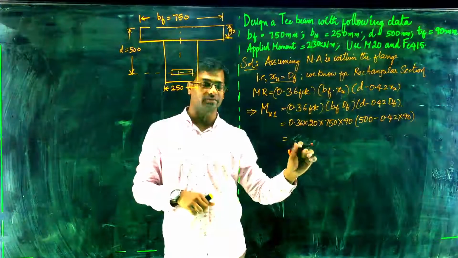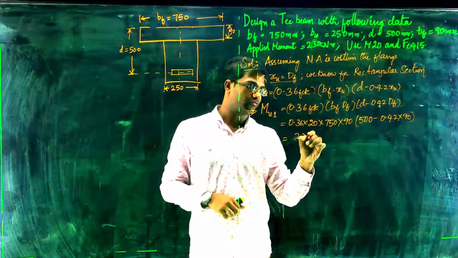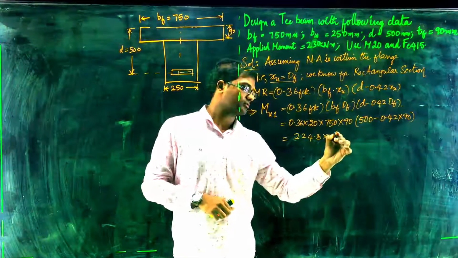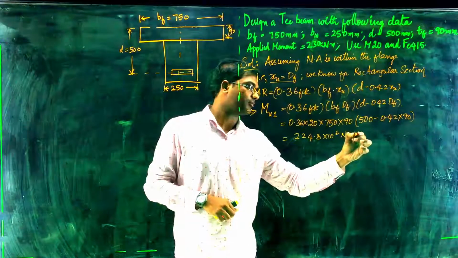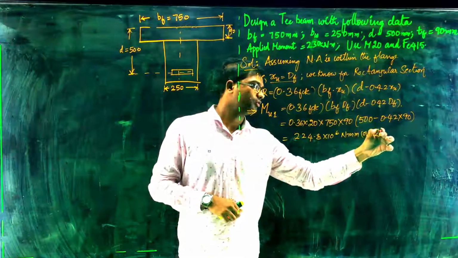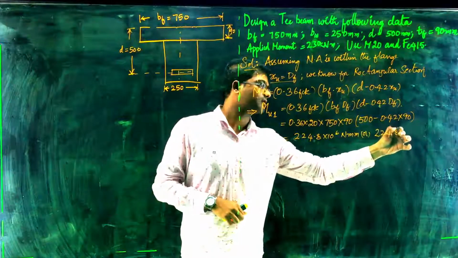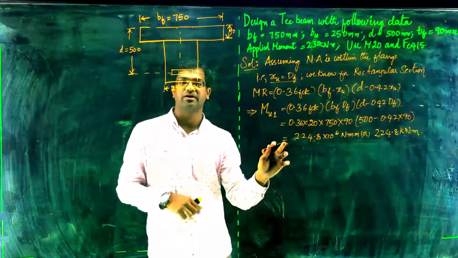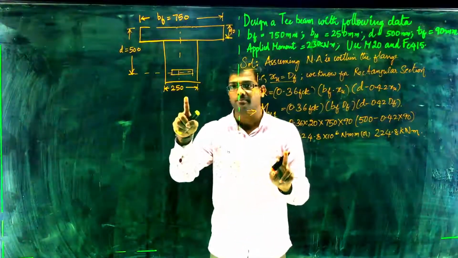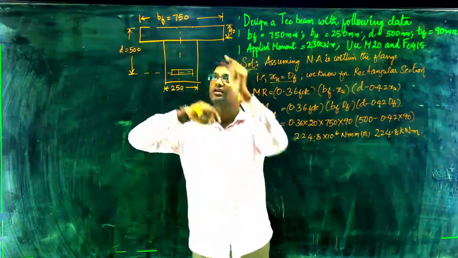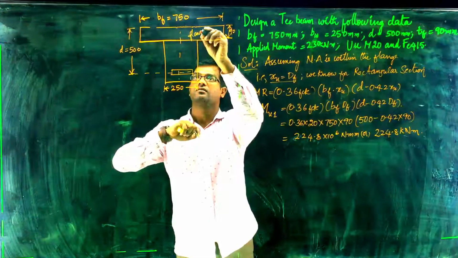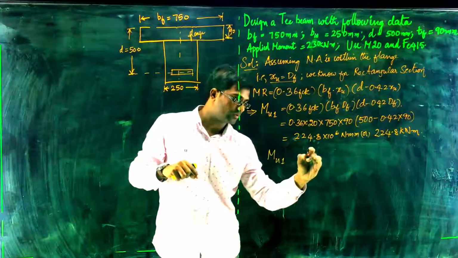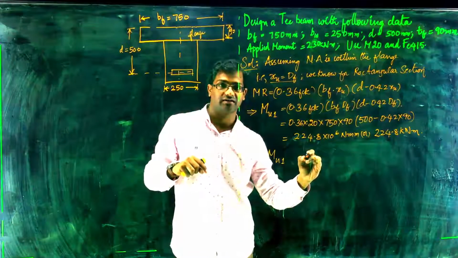This value is given by 224.8 into 10 power 6 Newton mm, or 224.8 kilonewton meter. Now this is the moment carrying capacity of this T-beam when the neutral axis is within the flange. Now this should be compared with the design moment.